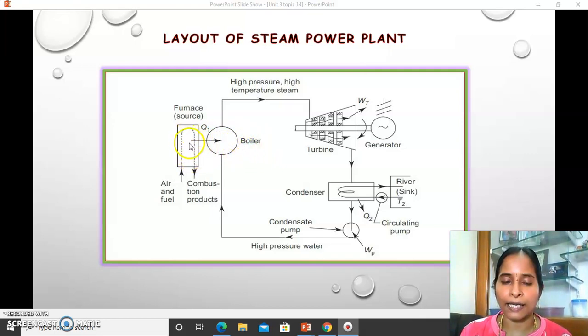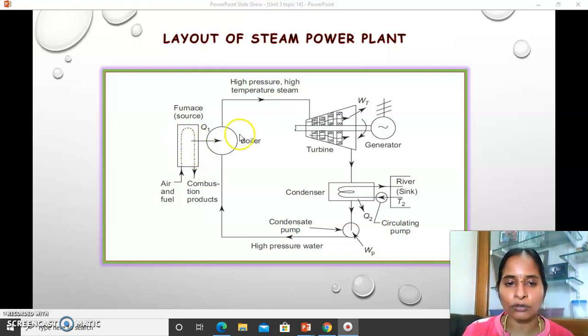Here comes the latent heat of vaporization. What is latent heat of vaporization? It is the amount of heat that has to be given to the boiler so that water at 100 degrees Celsius, depending upon the pressure, would be converted to steam.